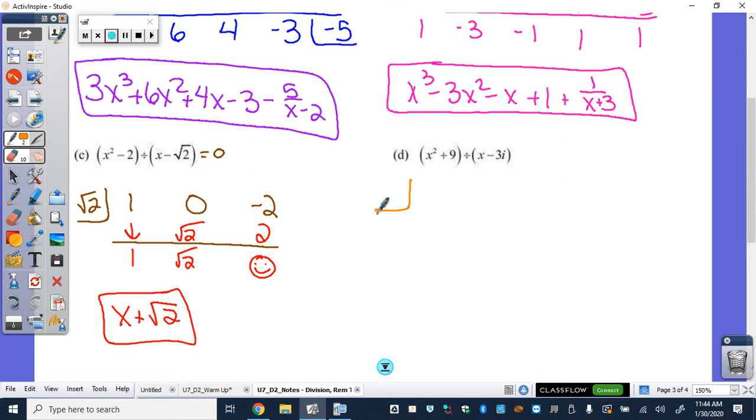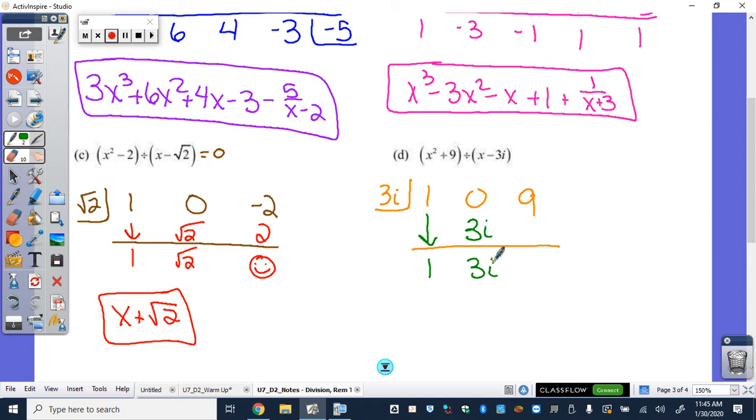How about letter D? What's going to go in the top box? 3i. Remember how much you guys love i. So 1, 0, 9, those are our coefficients. So we bring down our 1. 1 times 3i is 3i.